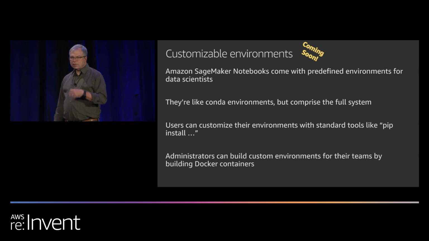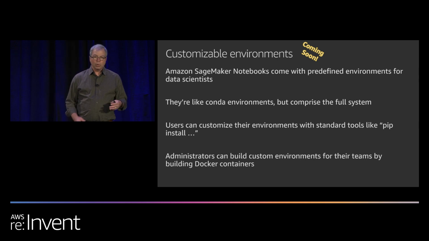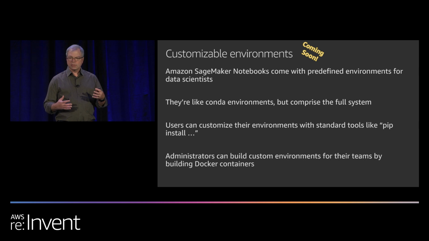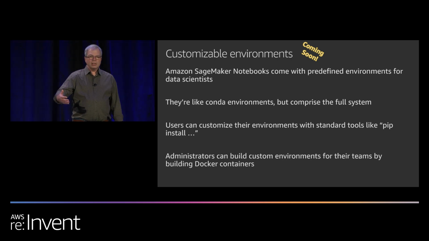So the idea here is that you can create a new environment. You can do it either through our APIs, where you just define it, or you can have a more traditional Docker CI/CD pipeline that's generating your environments and maybe running test scripts across them and so on, like what Pinterest has. And then those can be injected into SageMaker as is. You don't need to do anything special.